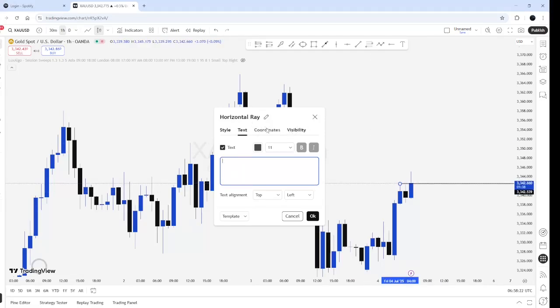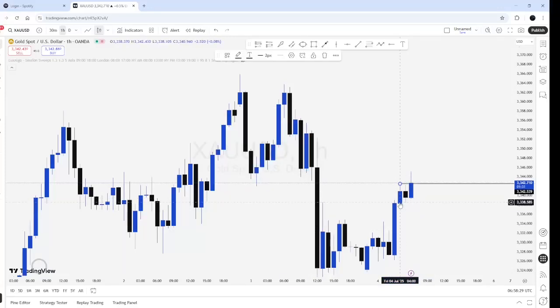Check the coordinates. Okay, the high is 3342.4.